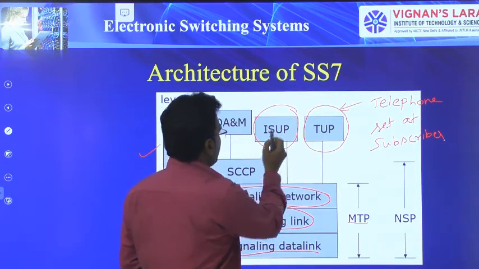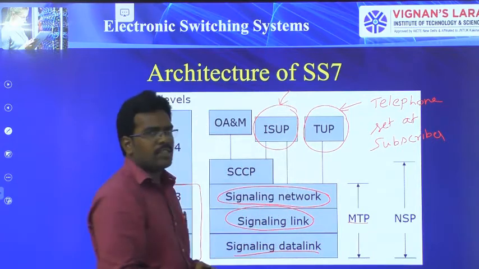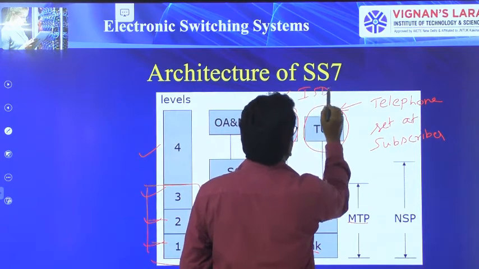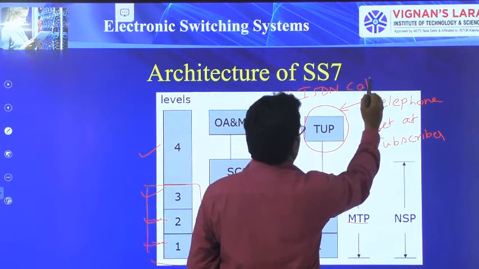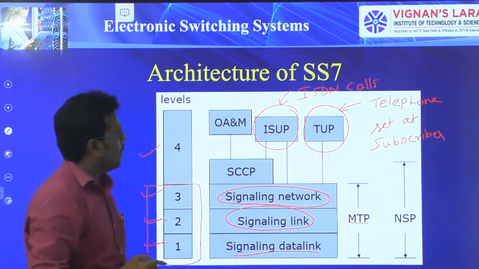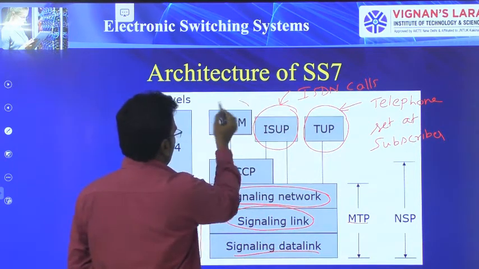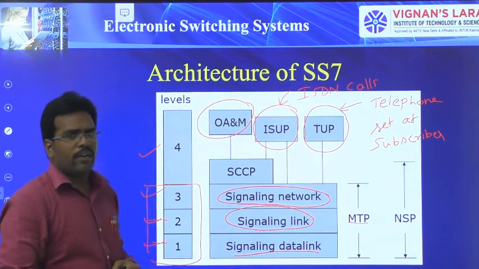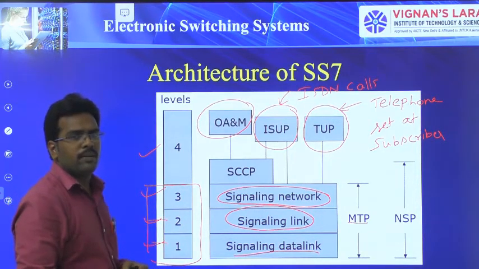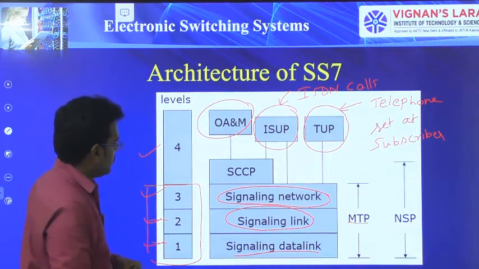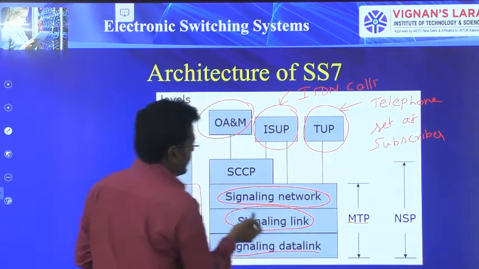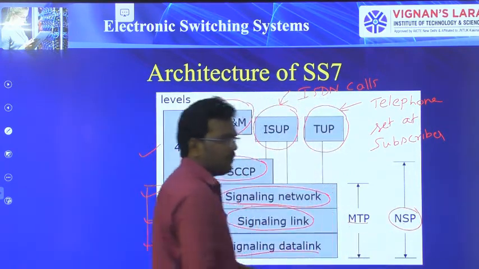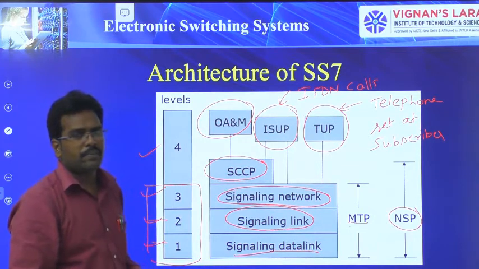What about ISUP? This takes care of ISDN calls. Along with this, we have one more thing, that is OAM. Everyone knows OAM: operation, administration, maintenance. This looks at all these services for the signaling system. The MTP along with the SCCP is called NSP, Network Service Part.